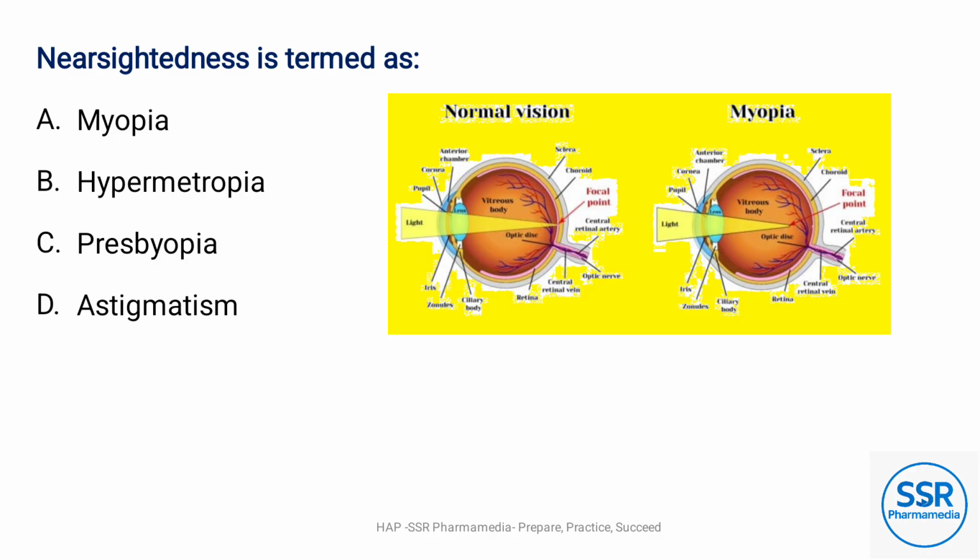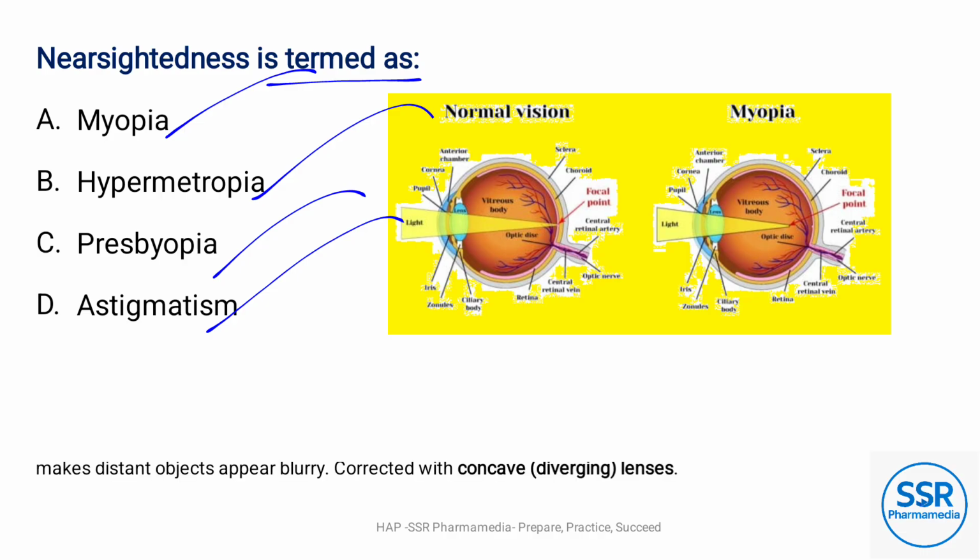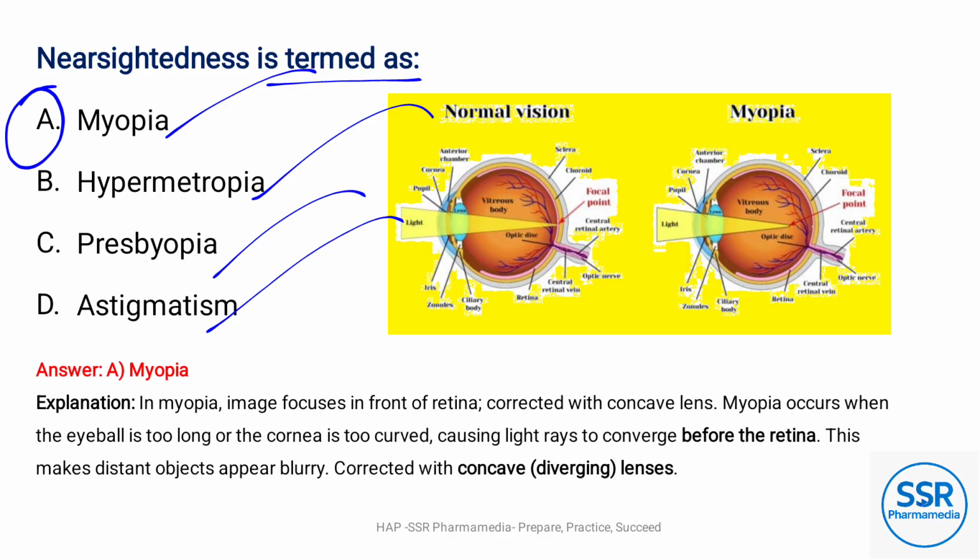Nearsightedness is termed as option A myopia, option B hypermetropia, option C presbyopia, option D astigmatism. So the answer is option A, myopia. Nearsightedness is called myopia.